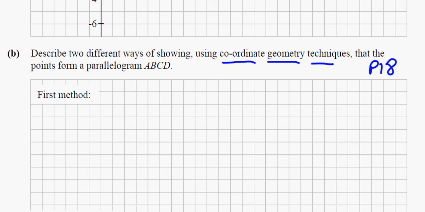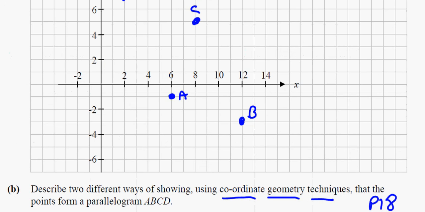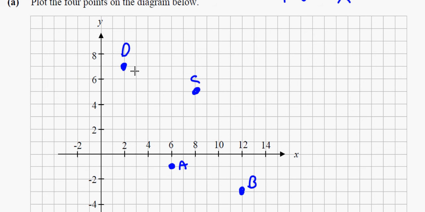So if I was to join these up, we can see that this is a parallelogram, okay?